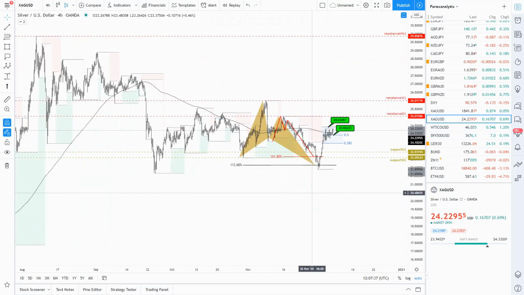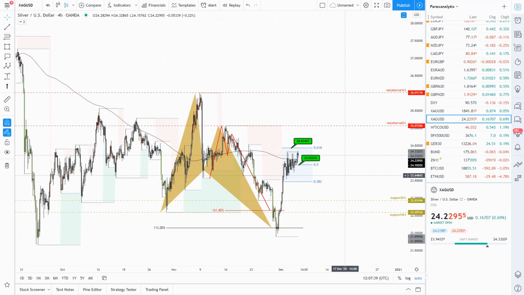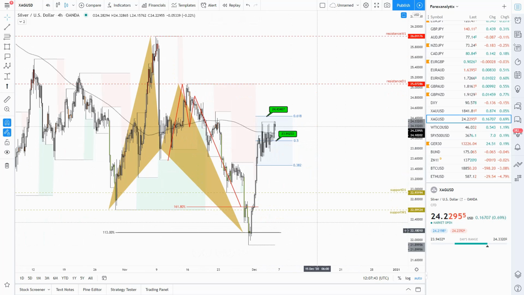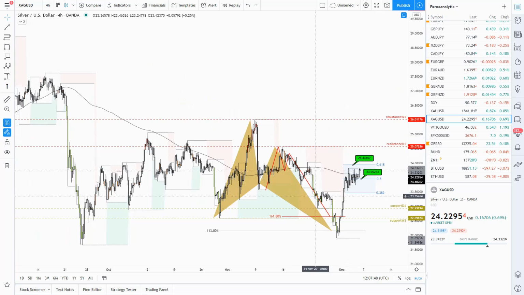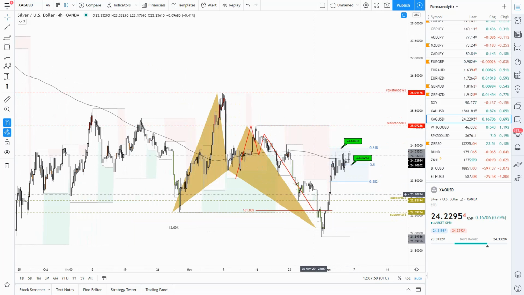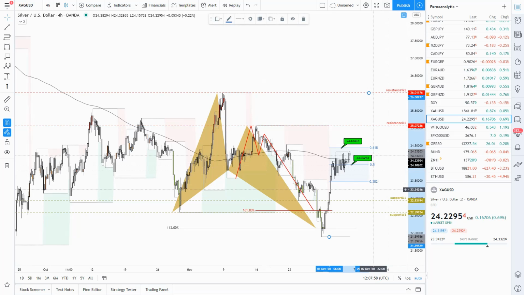Silver, very similar and even more perfect than gold, because it has nailed the 113% Fibonacci extension as a bullish alt-bat pattern. Also one of the trades that I pushed for my subscribers for the gold bullish alt-bat pattern, default target already achieved.